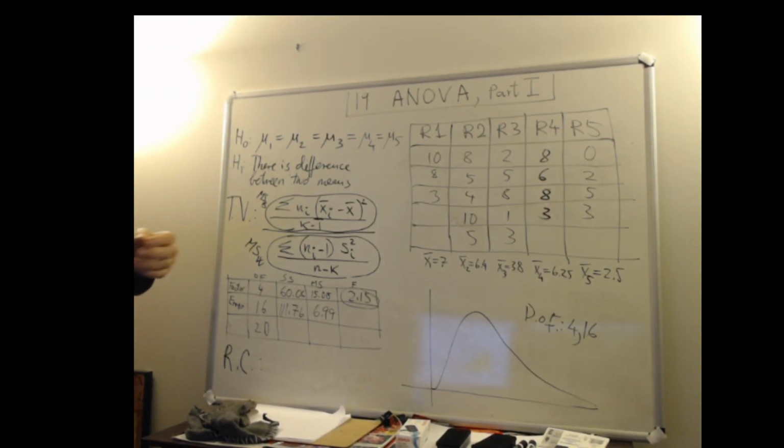Between the groups, or factor, or treatment; within the groups, or error. That's synonymous. So you can say sum of squares for factor, or you can say sum of squares between the groups. You can say degrees of freedom for error, or degrees of freedom within the groups. So get used to that.